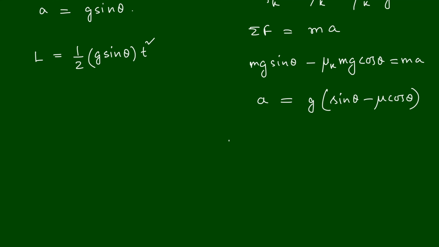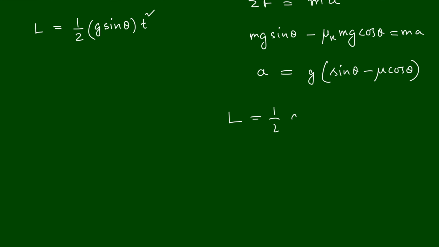Now we have to solve. Acceleration we got, then L is equal to half of a, where a is equal to g sin theta minus mu k cos theta, and time is 2t. Here time is 2t whole square. This is equation 2.